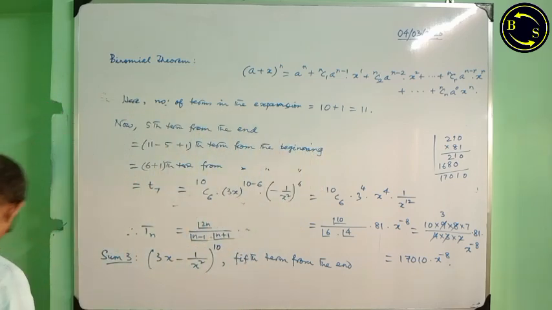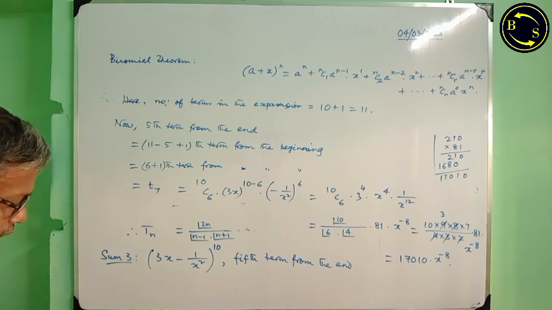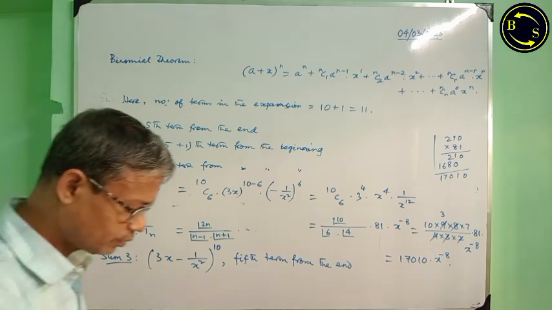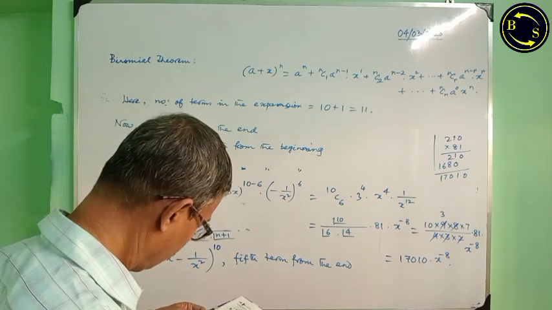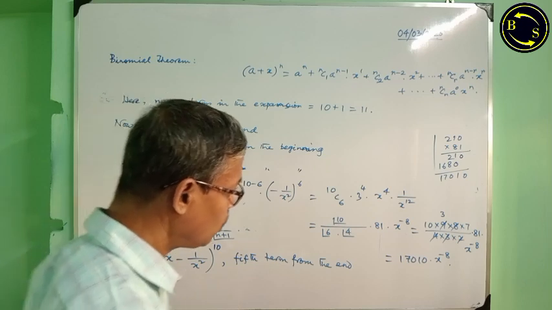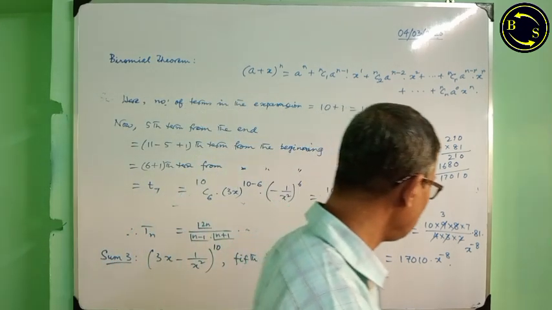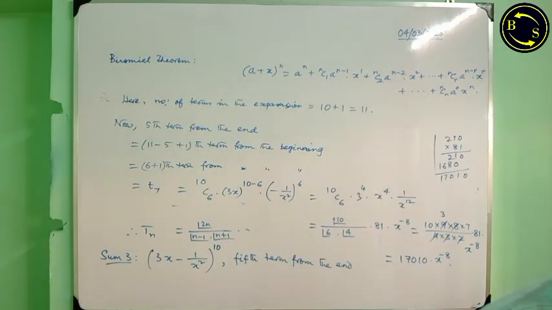Therefore, the fifth term from the end will be this one, 17010 into x to the power minus 8.